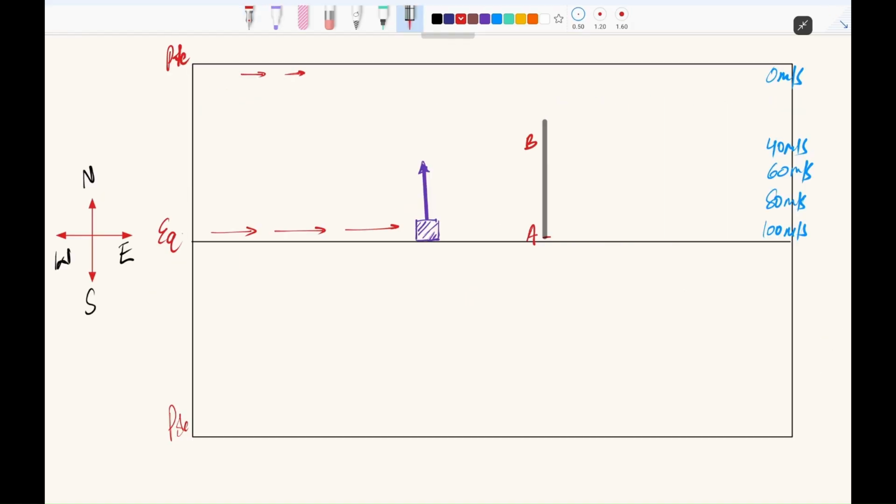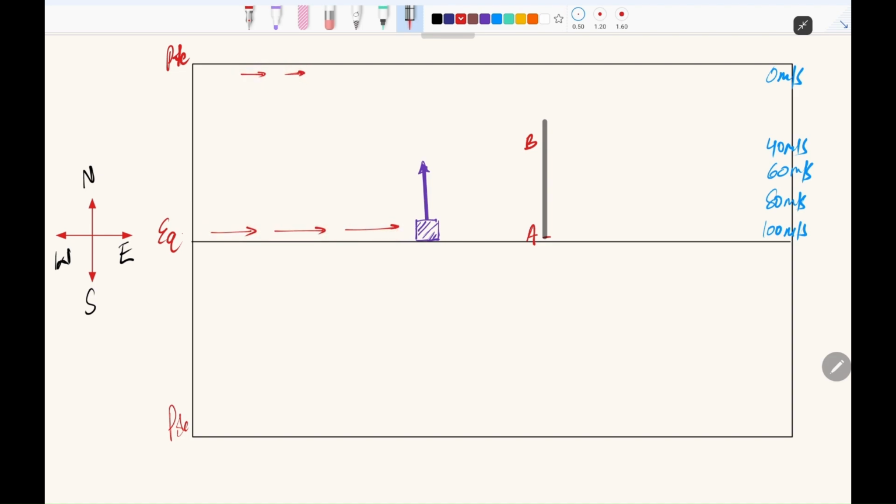Now if we open the same 3D structure on a 2D platform, we will get something like this, in which this will be the equator, this will be the north pole and this will be the south pole. We know that the Earth rotates from west to east, and we have also seen that the linear speed of rotation at the equator is highest and it is minimum at the poles.